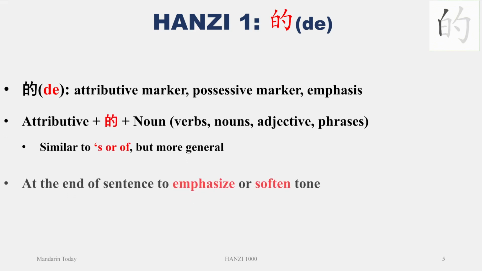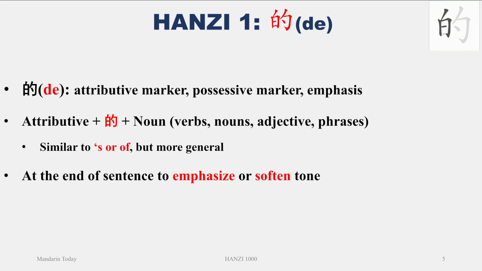But if we want to make things easy for us, we can just remember two grammatical functions. It's actually just two. The first two can be integrated into one. That is, it acts as an attributive marker connecting the attributive with the noun.